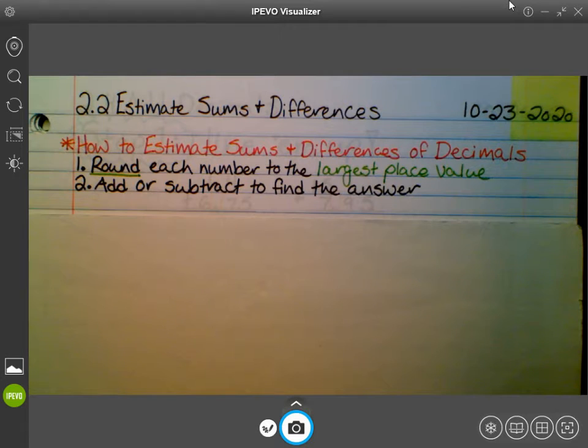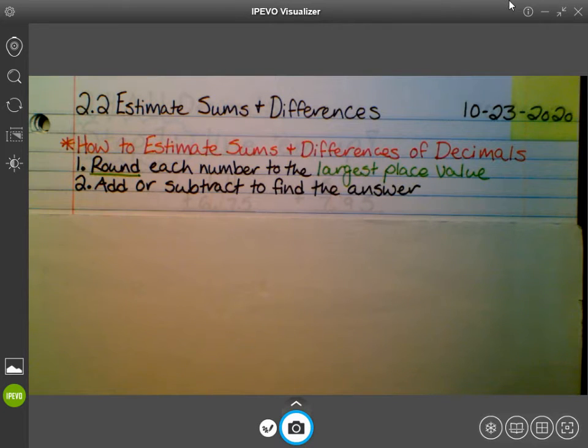Okay, so you guys, do you know what it means when it says round each number to the largest place value? So, if we have the number 159, what's the largest place value in that number? Theosius? The hundreds place.